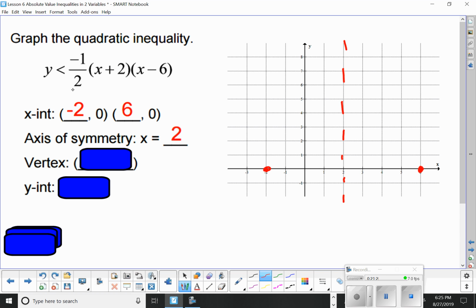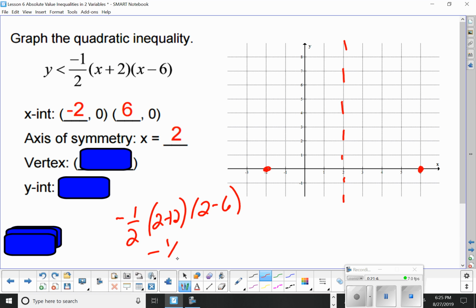I know it's upside down, so I know my vertex is going to be up here somewhere. How do I know it's upside down? Because A is negative and A is always the same no matter which form I've got. How do I find the vertex? Well, I'm going to plug 2 back into this equation. So I have -1/2 times 2 plus 2 times 2 minus 6.